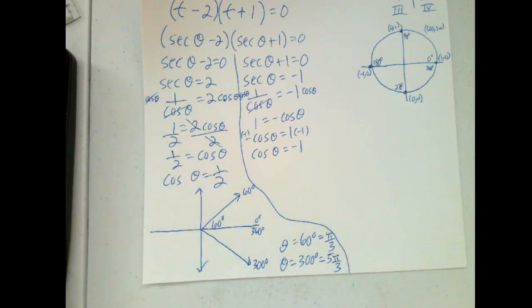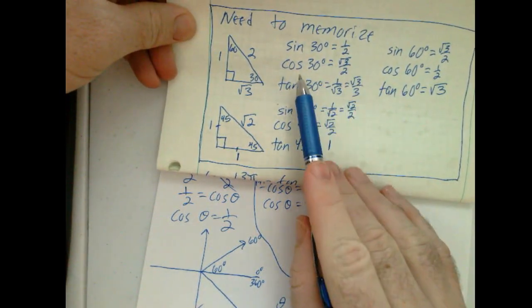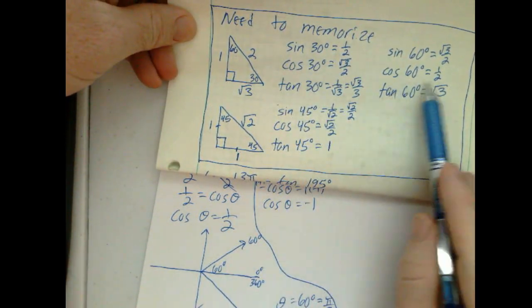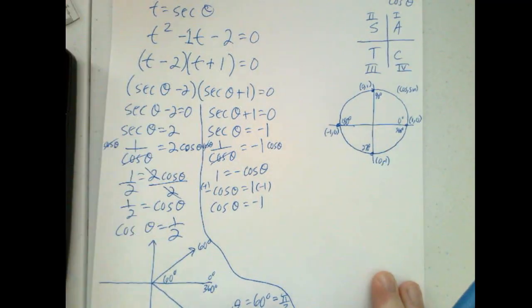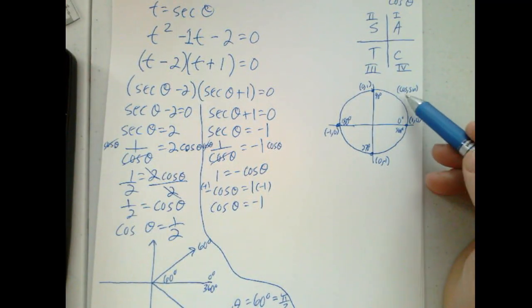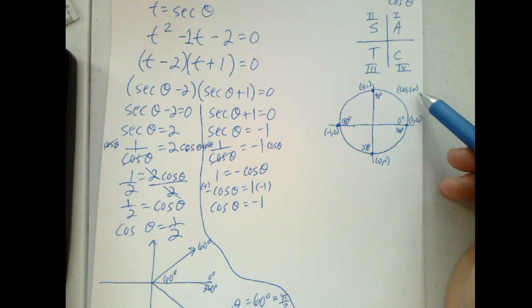Okay, so our special triangles here do not cover a cosine of -1. Okay, so I know that the unit circle will. So remember that cosine represents the x values, sine represents the y values.